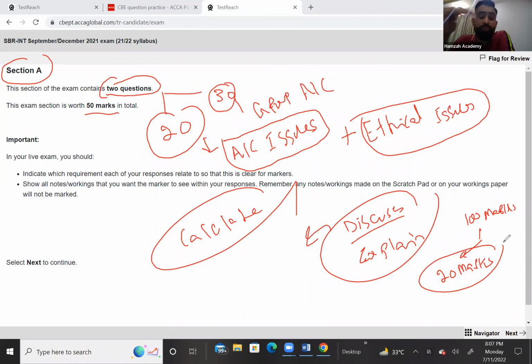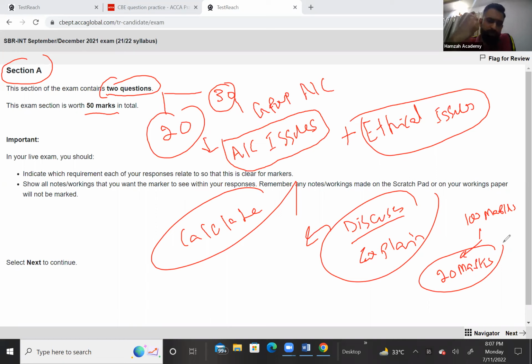So you have to be very good in accounting standards. Clear your mind that you have to be very good in your accounting standards. You should have a very good grip on IAS 16, IAS 23, IAS 20, IFRS 9, IAS 32, IAS 12, IAS 19.